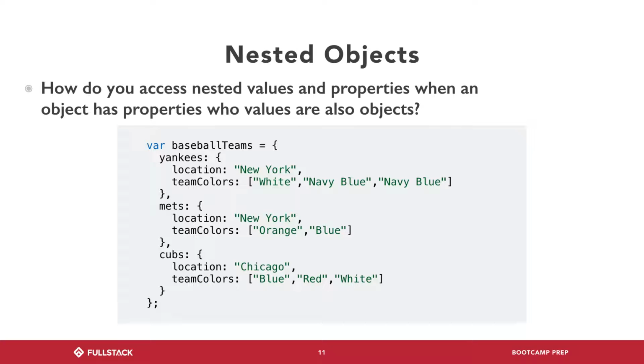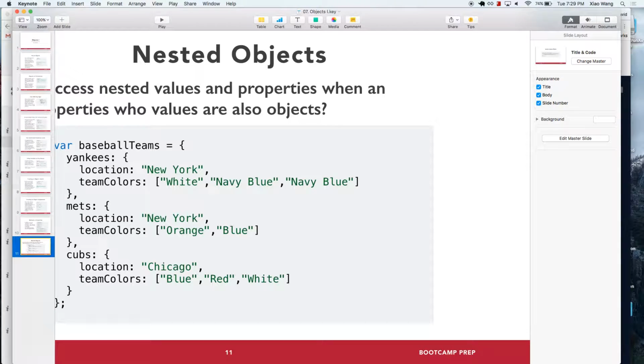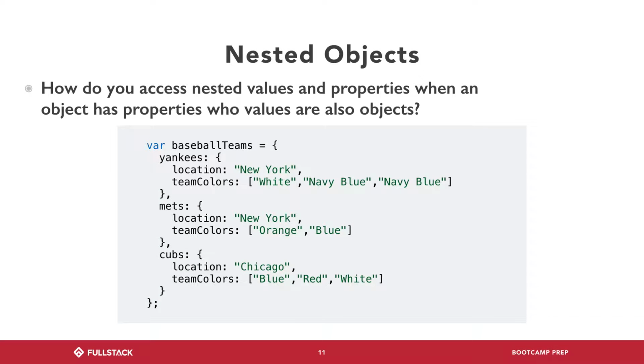And then I guess Lawrence, to your point, nested objects, right? Once again, objects are very powerful because we can dump as many things as we want in them, and so accessing a nested object is, oh, there was an animation there. My bad. Accessing a nested object is very similar to accessing nested arrays or nested anything else for that matter.